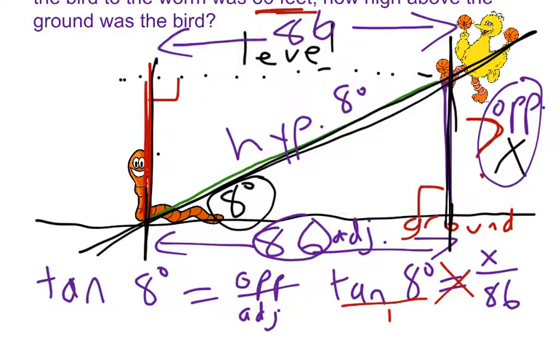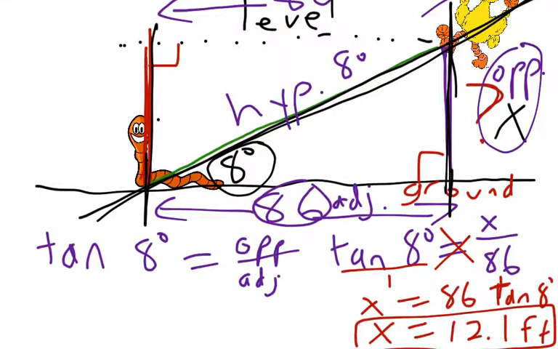That's really over 1. So it's x equals 86 times tangent of 8 degrees. Again, make sure you're in degree mode and do 86 times tangent of 8, and that'll be your answer. Alright, and our answer is 12.1 feet, about. Alright, thanks Big Bird. Hope you got the worm.